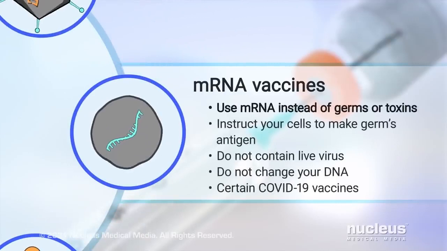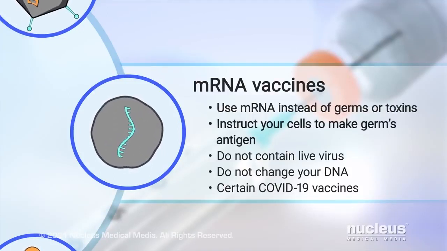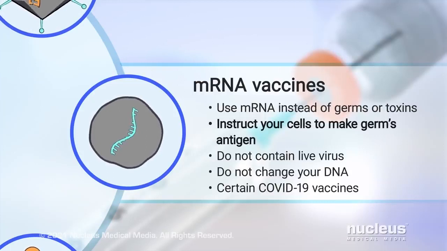Instead of using germs or toxins, mRNA vaccines contain a special type of RNA called messenger RNA, or mRNA. mRNA instructs your cells to make the germ's antigen, which triggers an immune response. These vaccines do not carry live virus and do not change your DNA. Examples are certain COVID-19 vaccines.